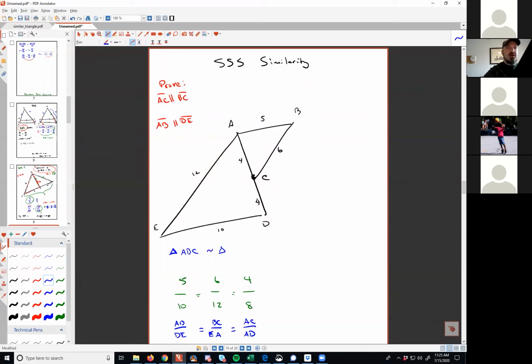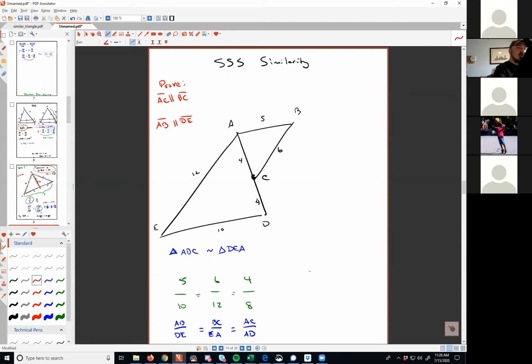We wouldn't say it that way. That does not match the corresponding sides and vertices. Maybe I can try? Triangle DEA. DEA. Good, whoever said that. Okay, ABC is similar to DEA.